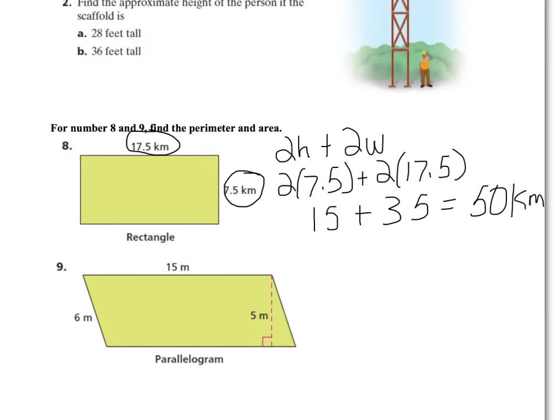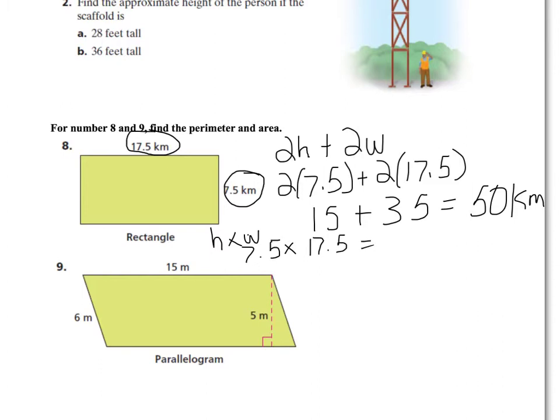Okay, now to find the area. The area, for a rectangle, is just height times width. So the height is 7.5, and you're going to multiply that by the width, which is 17.5.